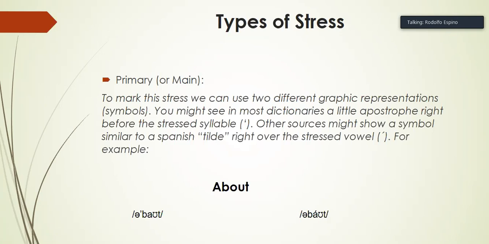There are some tricks or tips or things that you can do to get the stressed syllable in your mind. As soon as you hear, for example, important, don't pronounce it. Just hum it, what we call in Spanish tararea.